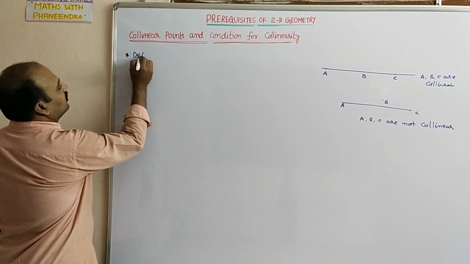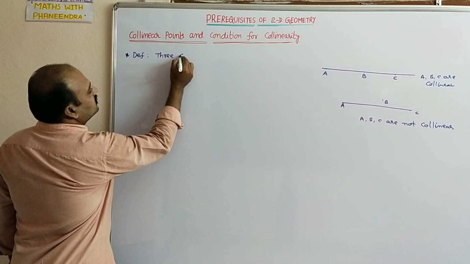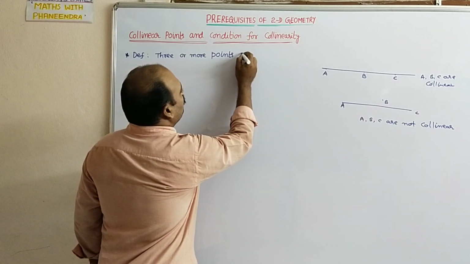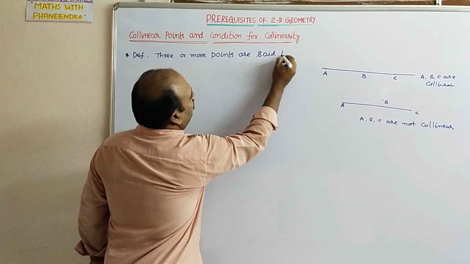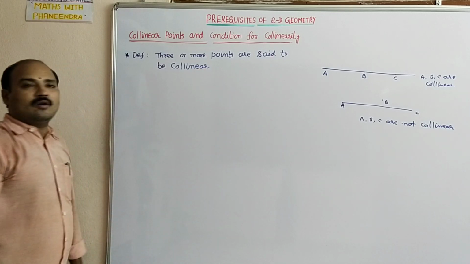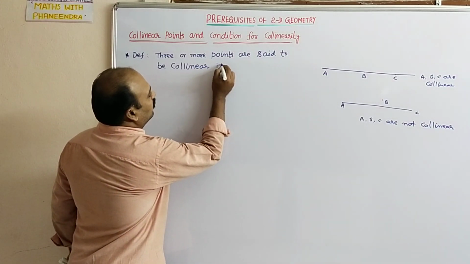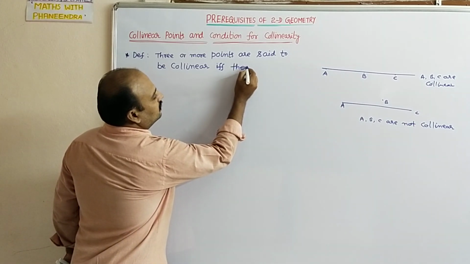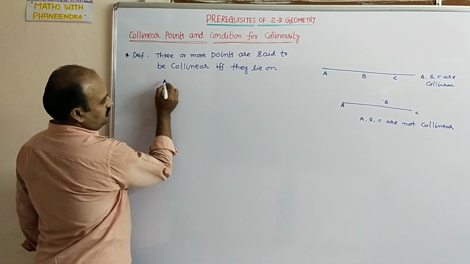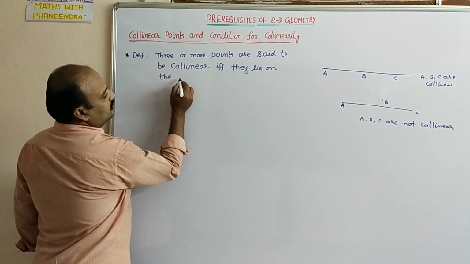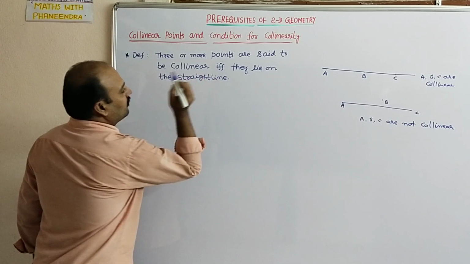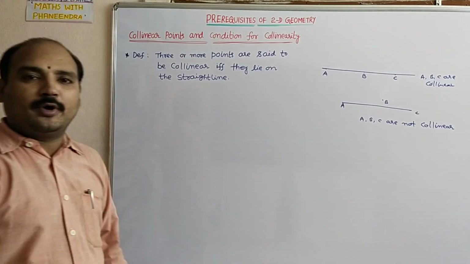Definition: 3 or more points are said to be collinear if and only if they lie on the straight line. This is about the definition of collinear points.